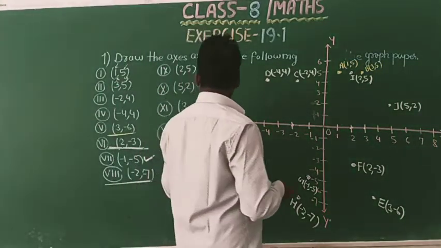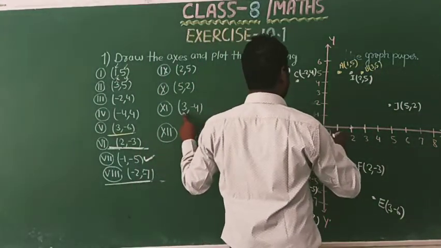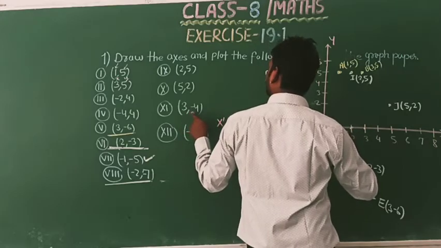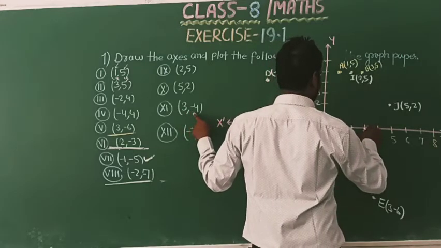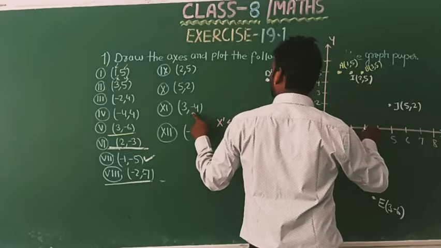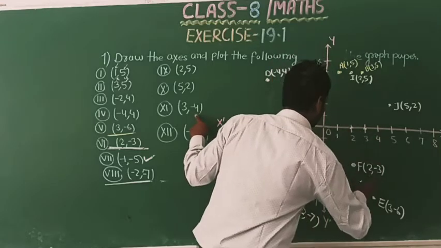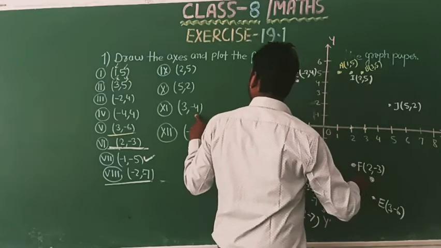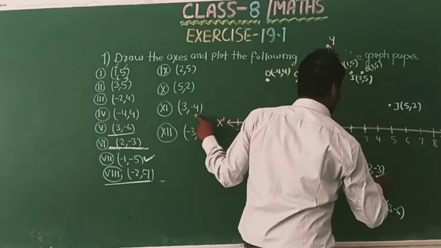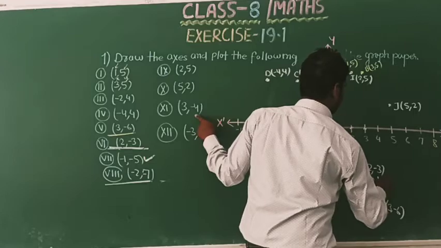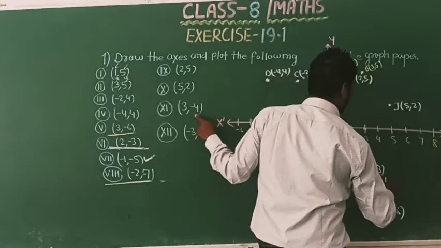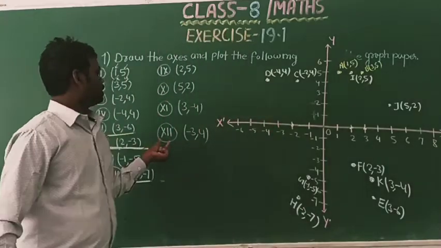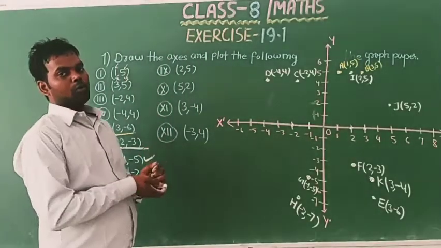So starting from O, move right 3 units along the x axis, then -4 units along the y axis. So this is the point K (3, -4). Okay.